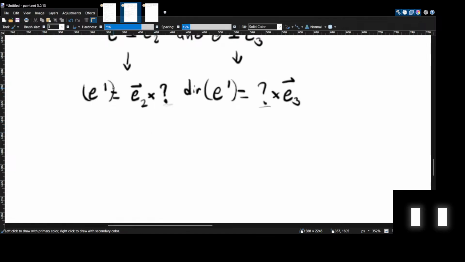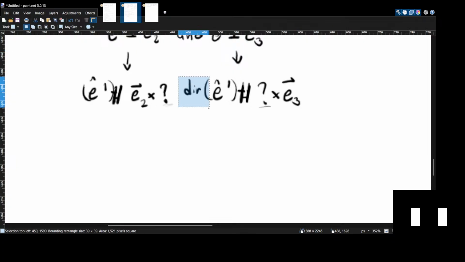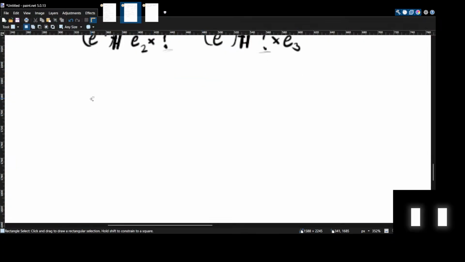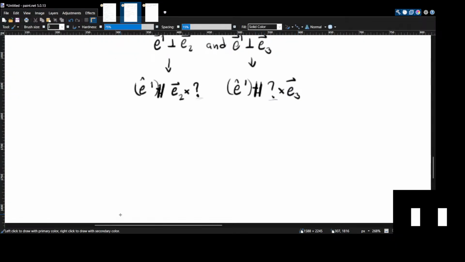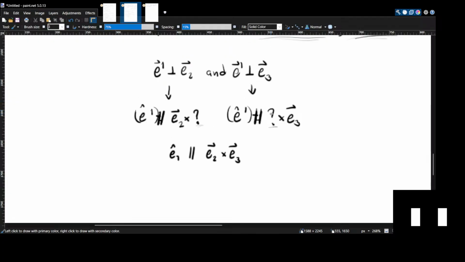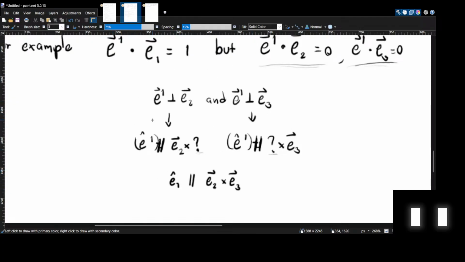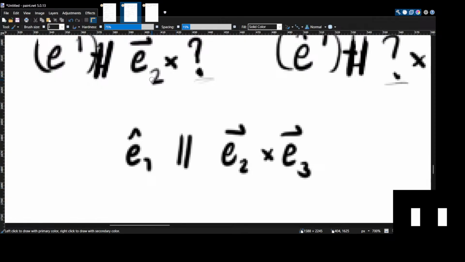What it means is E hat has to be parallel to something that is crossed with the unit vectors E2 and E3. So what is that vector? Well, we immediately know that it must be in the same direction as E2 crossed with E3. That way the reciprocal, not E1 there, E1 up here.